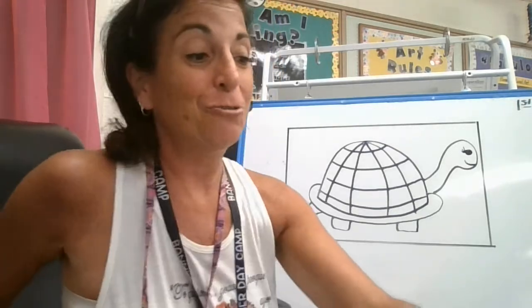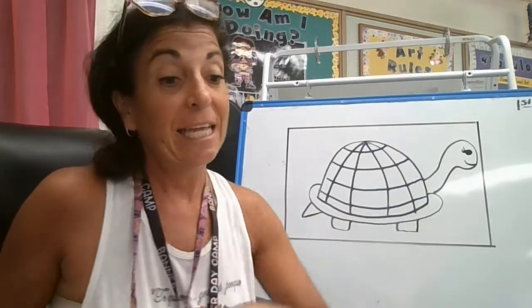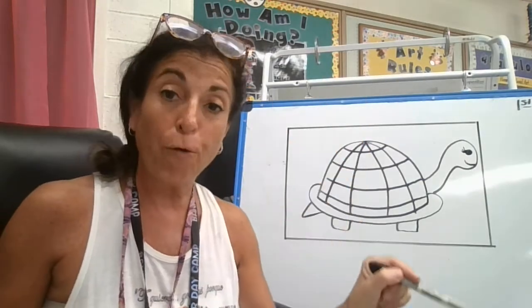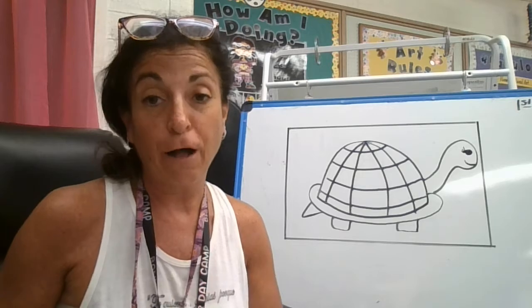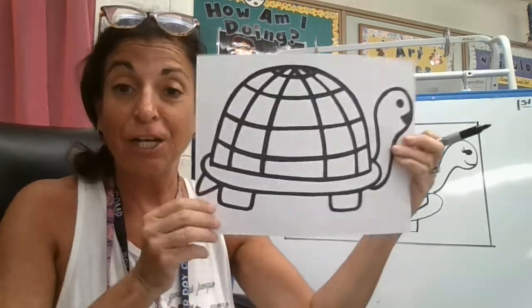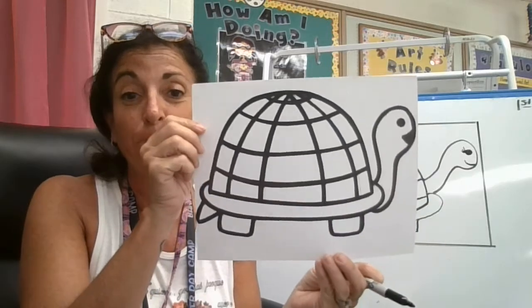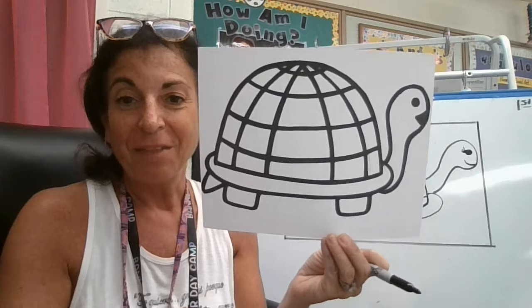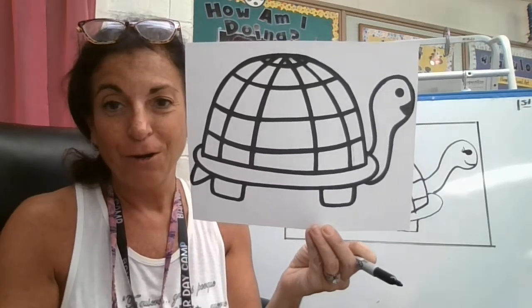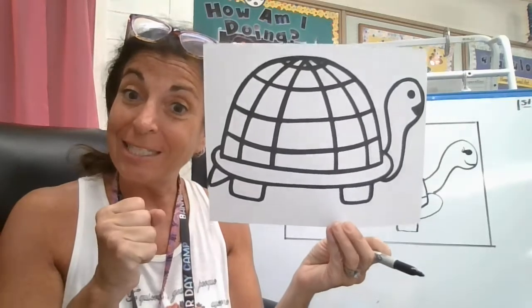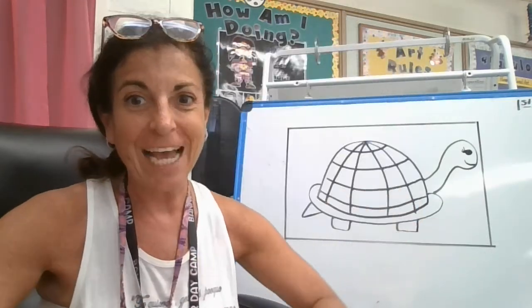What you are going to do next is take your black marker and trace over all of your penciled lines so that when you are done, your turtle is on a white piece of paper and he's outlined nice and boldly in black marker. That is all we are doing today. So when you have finished that step, put it down.